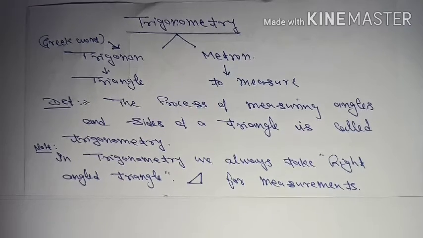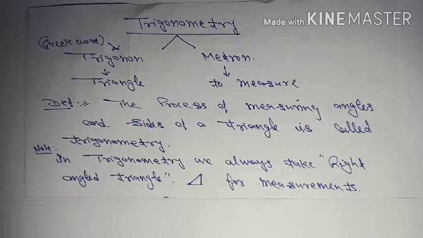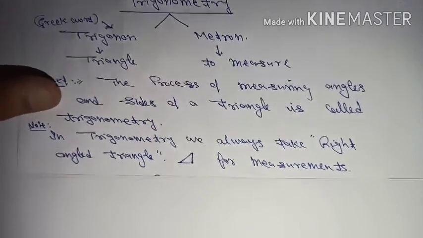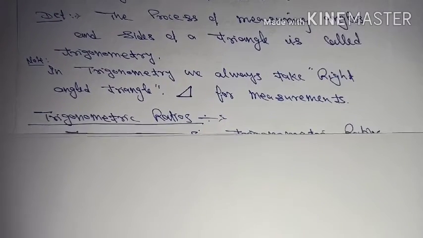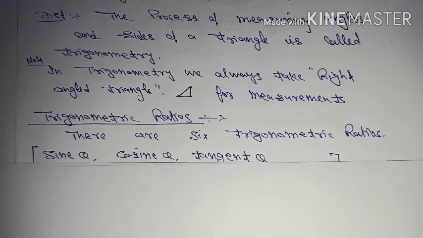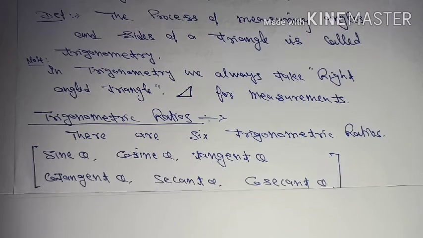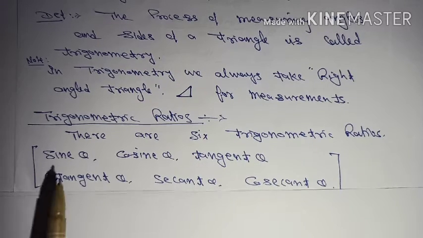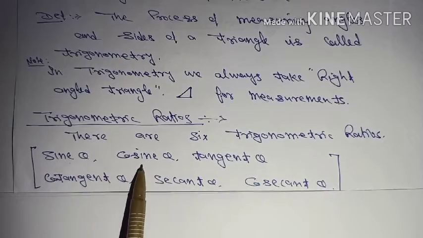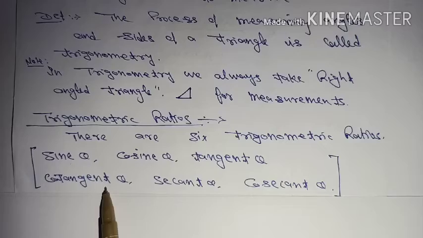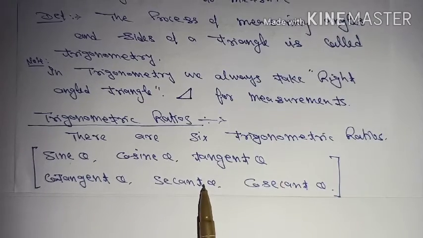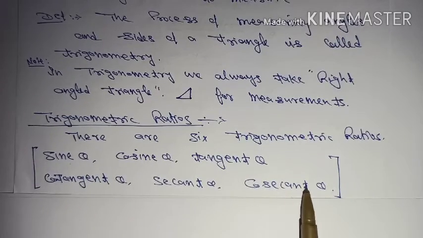Now in trigonometry, we measure trigonometric ratios, which is another topic. There are 6 trigonometric ratios: sine theta, cosine theta, tangent theta, cotangent theta, secant theta and cosecant theta.